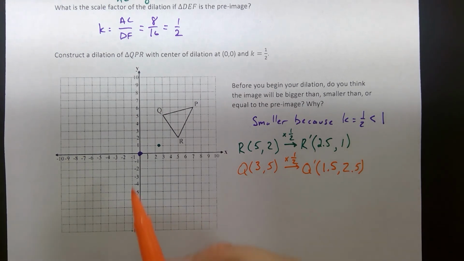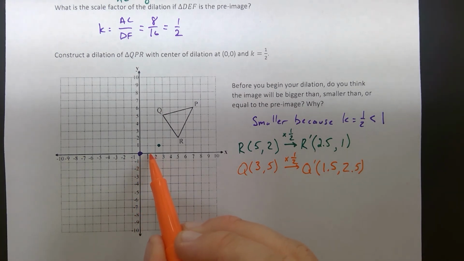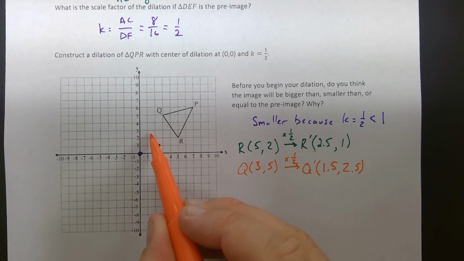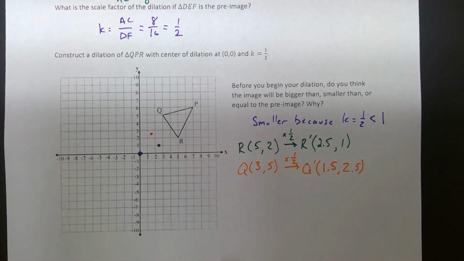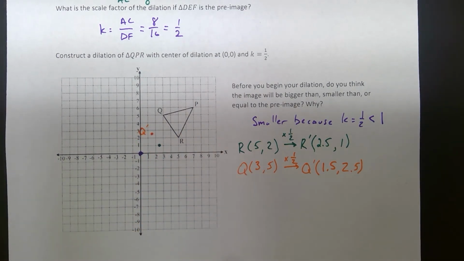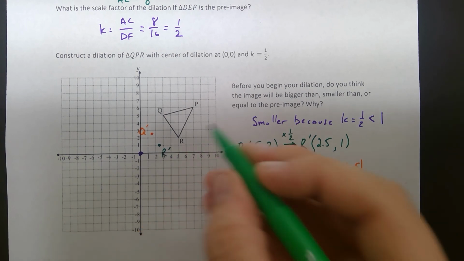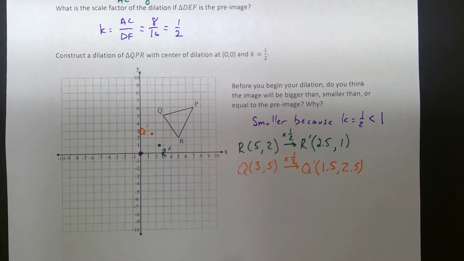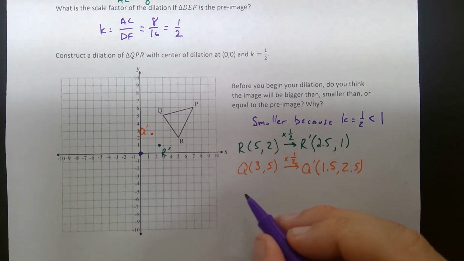And let's go ahead and graph that. So I go 1.5 up 1, 2.5. So kind of in the middle of that square right there. Oh, and we should label those points. So Q prime, R prime.